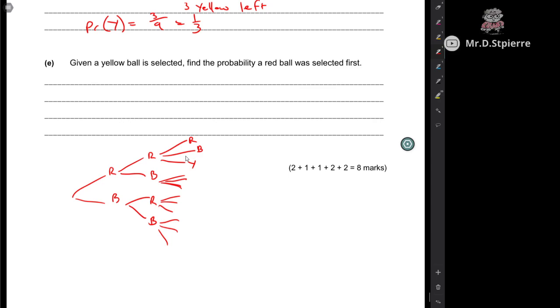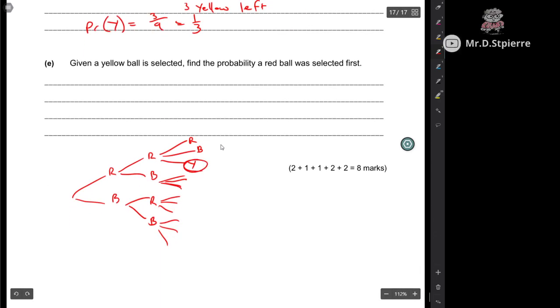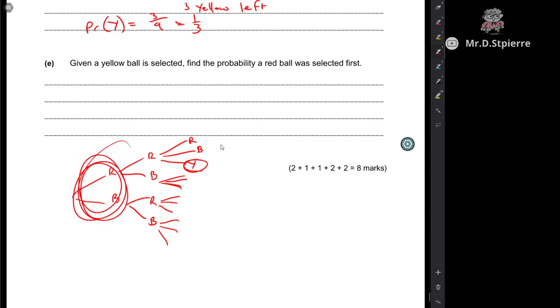The thing is, a yellow ball being selected in this third go has absolutely no impact back here. They're independent. So this question is asking us to find the probability that we've got a red ball in our first go, given that a yellow is selected in the third.